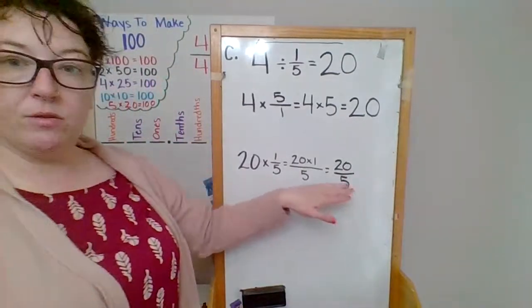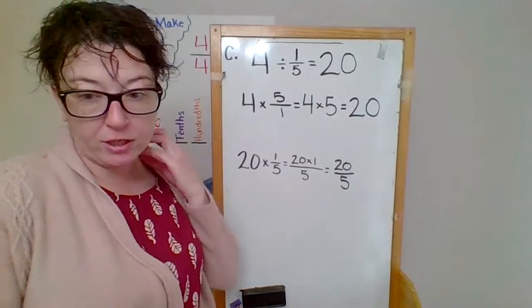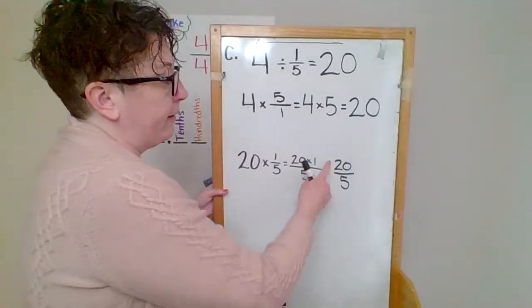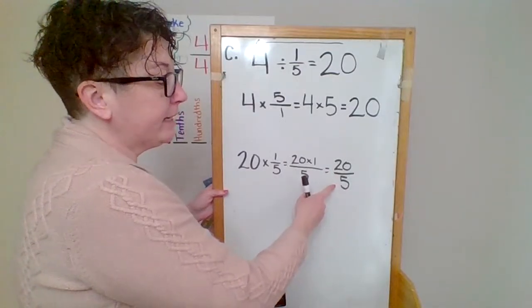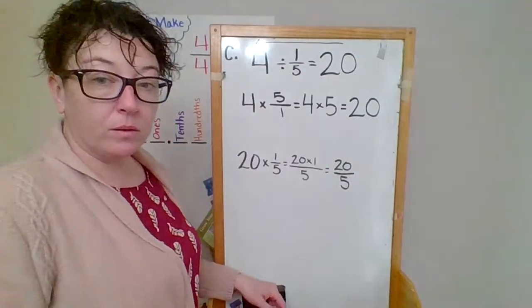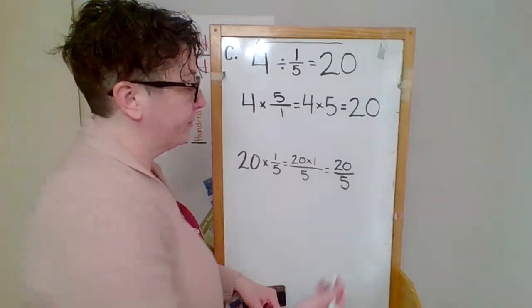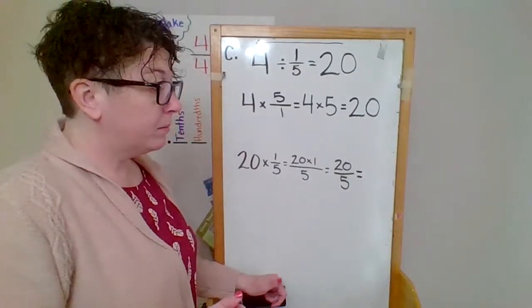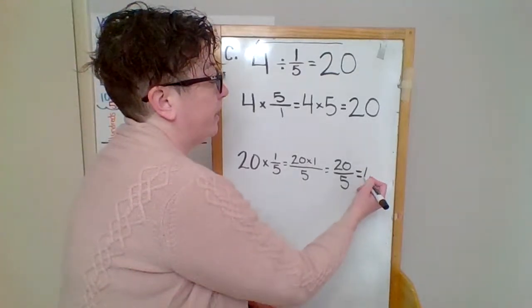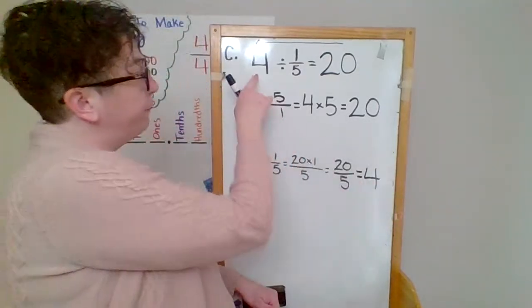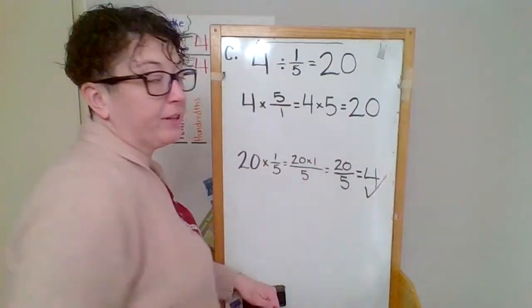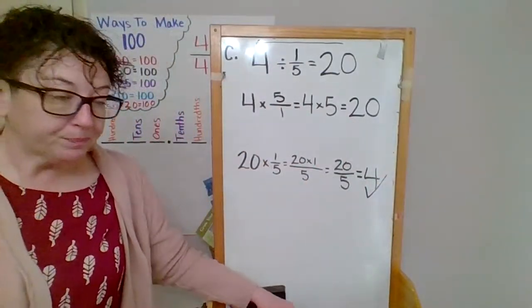This is just normal multiplying of fractions like we've done in the past. When I have 20 over 5, I think how many times does 5 go into 20? Or 20 divided by 5. You can use a multiplication chart there to help you. And we get 4. So since 4 is what we started with as our first factor, our check works out. So we know that we were correct.